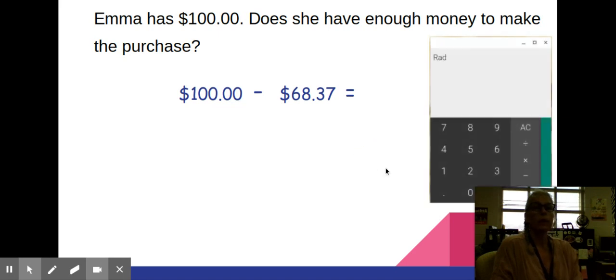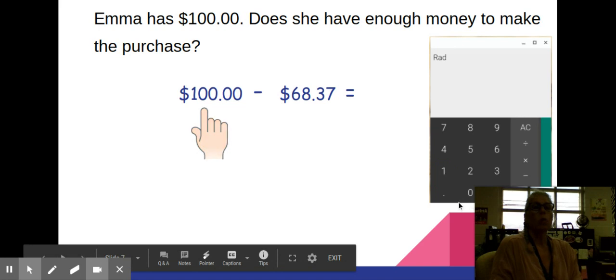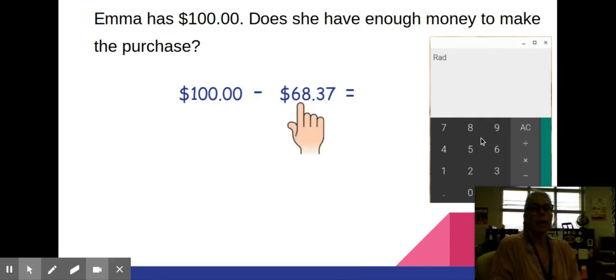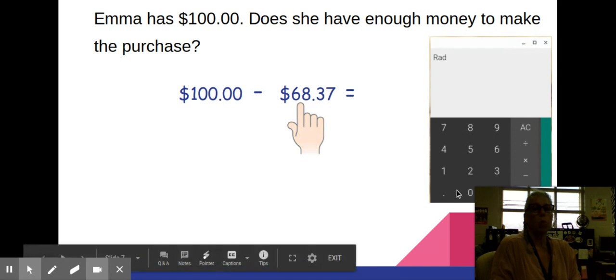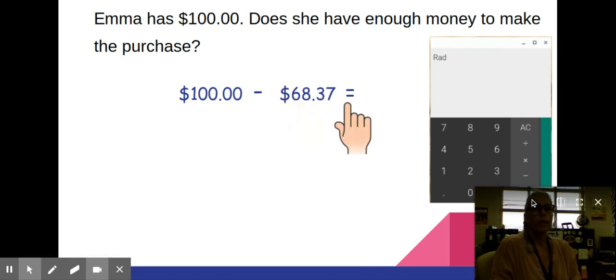Get out our calculators. 100 decimal point 00 minus 68 decimal point 37 equals.